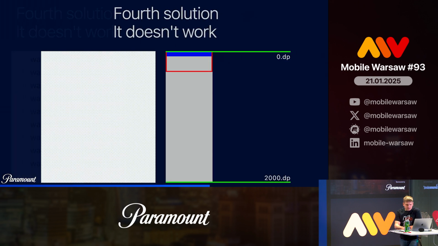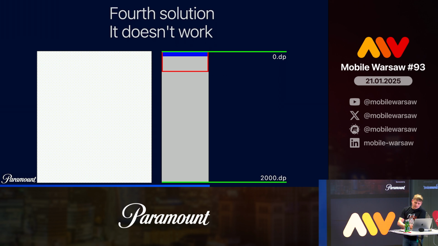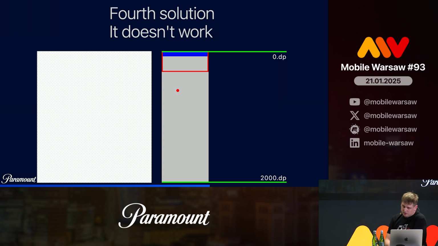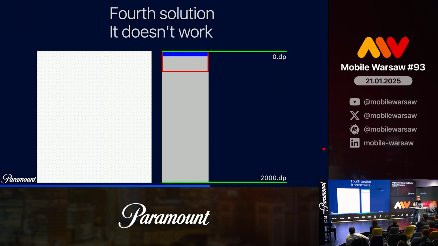Why? Because as I said, we've used the heightIn modifier. So here we have the minimum from the heightIn modifier, 0 dp. Here we have the maximum. Sorry, I lost it. Here, 2000 dp. Let's assume that the red border is what we can see as users.